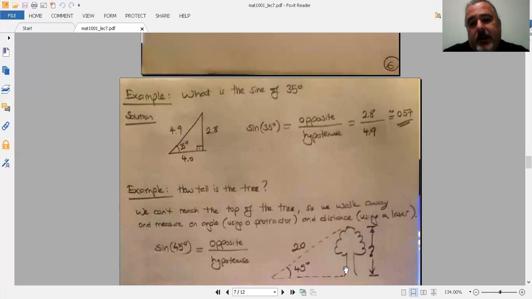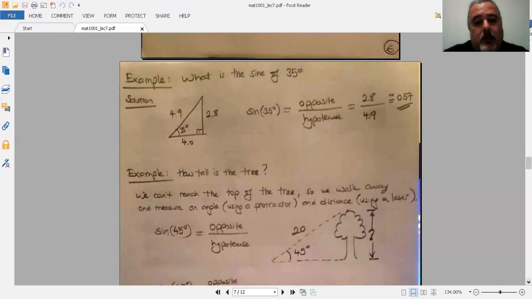So now it is the same question. I want to know this length. So sine 45 is opposite side over hypotenuse. What did I say to you? If you know one angle and one side, you can find all the angles and all the sides in a right triangle.